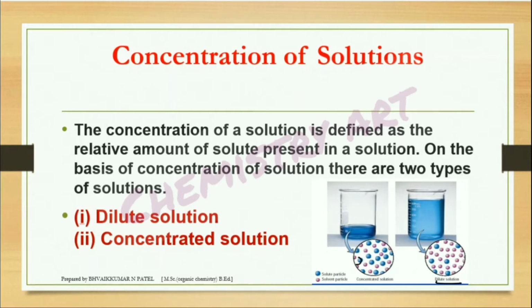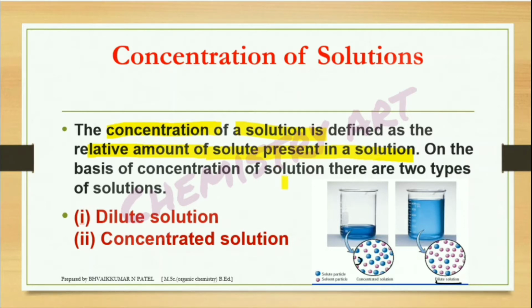First of all, let me explain what a dilute and a concentrated solution are. The concentration of a solution is defined as the relative amount of solute present in a solution, meaning how much solute is present in it.